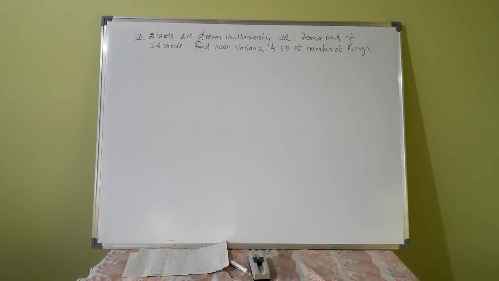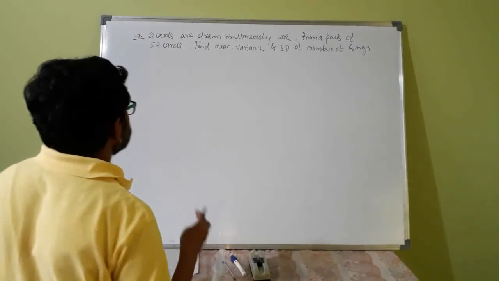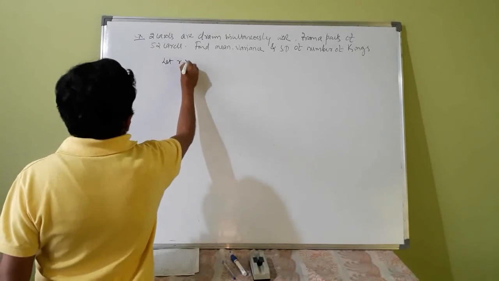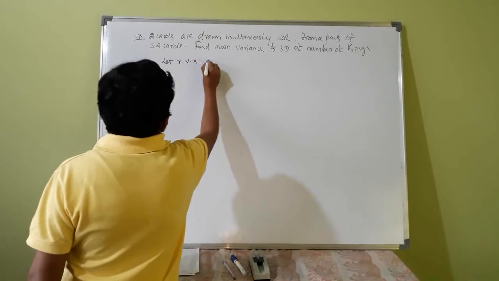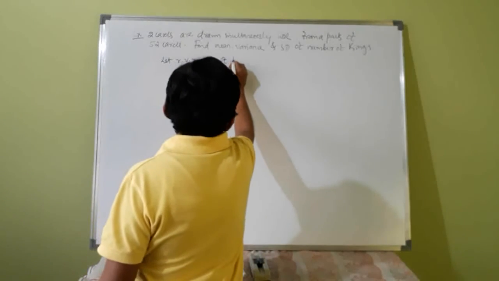Two cards are drawn simultaneously without replacement from a pack of 52 cards. Find mean and variance and standard deviation of number of kings. So here also the calculation part you have to complete. Let random variable x be the number of king cards.